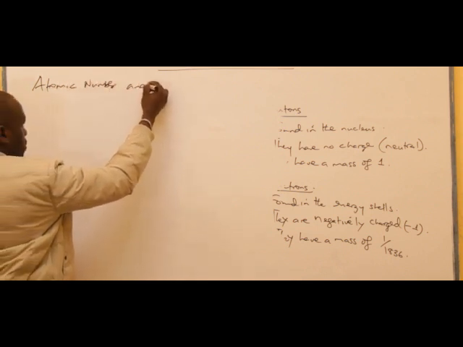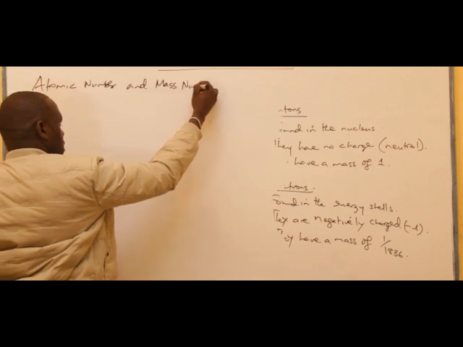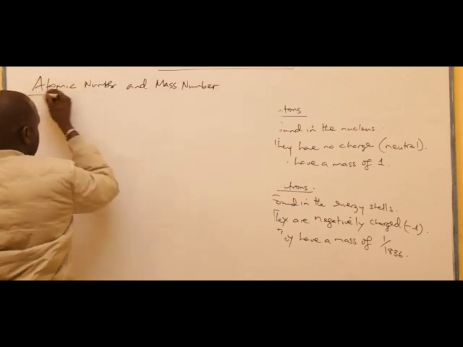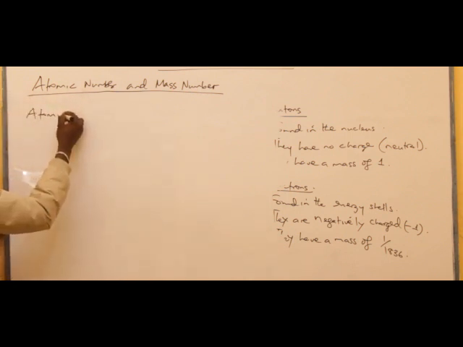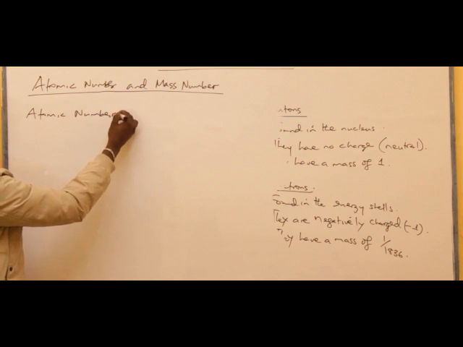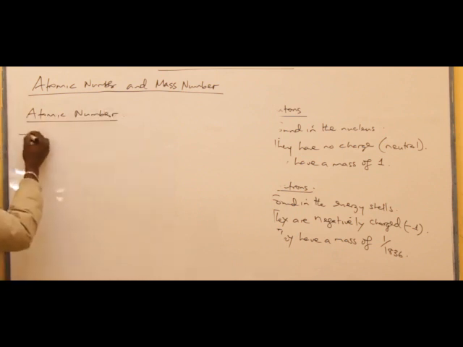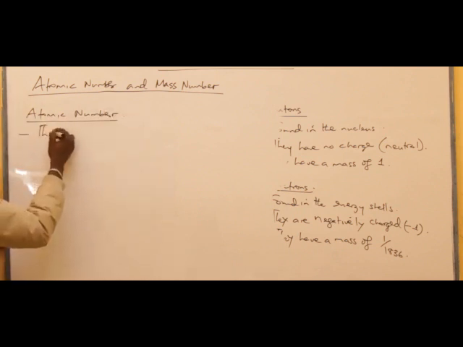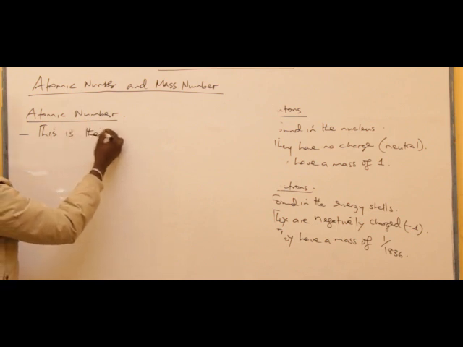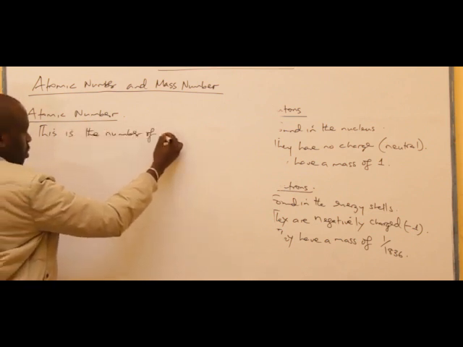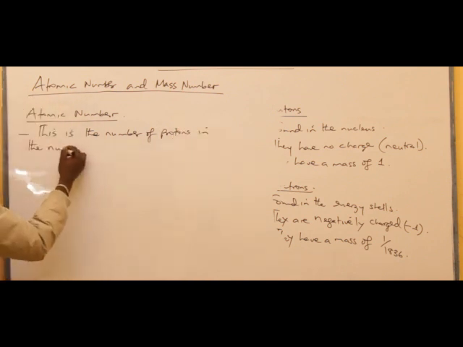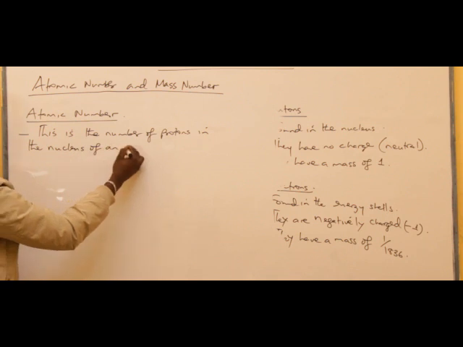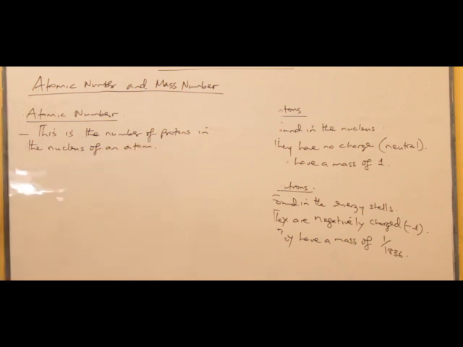Atomic number and mass number. So first of all, what is atomic number? In the simplest way, atomic number is the number of protons in the nucleus of an atom.